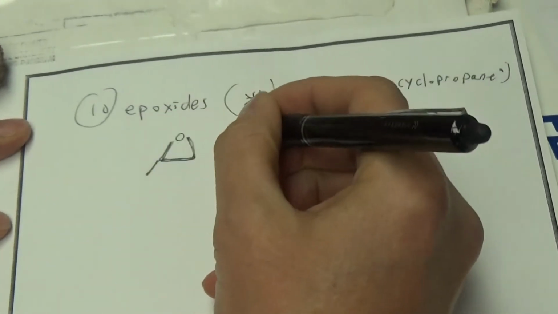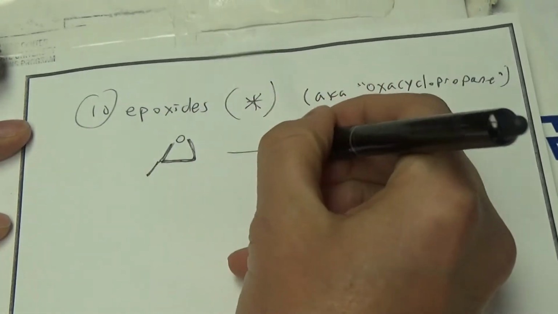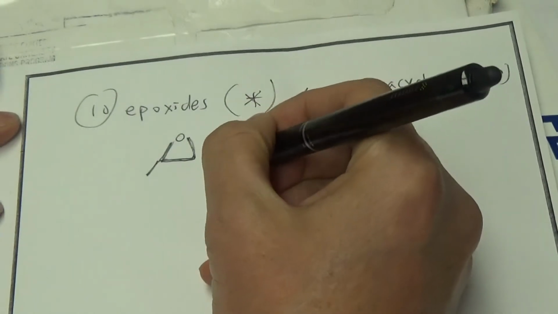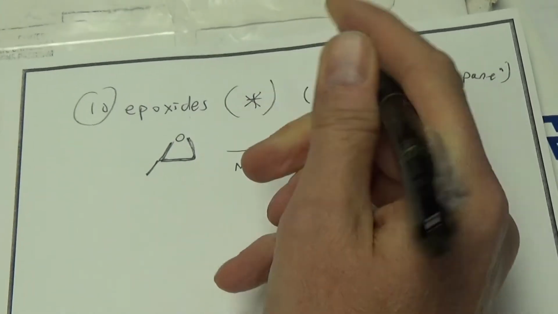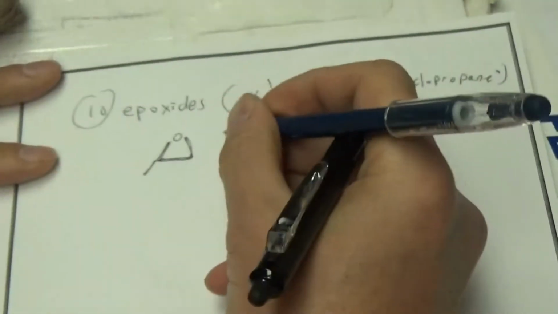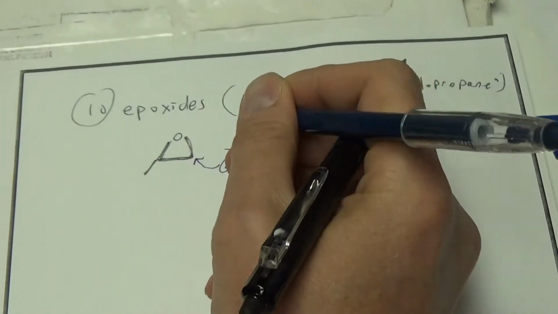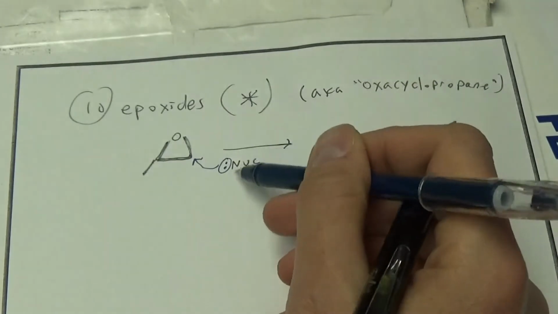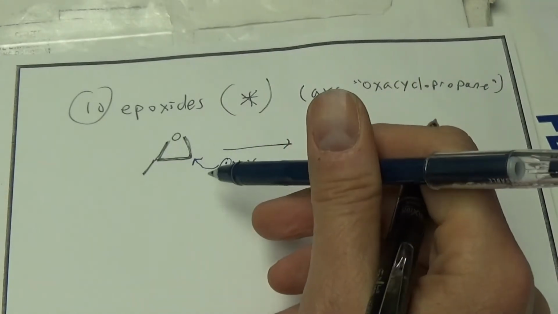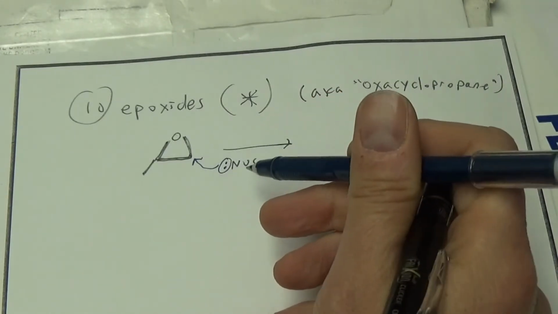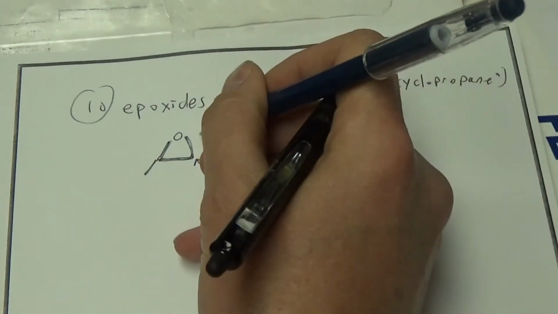A very common reaction is that nucleophiles can just attack them. Most ethers you can't do this because most ethers are stable. But why do you think oxygen in a three-member ring is going to be less stable and open up like this?